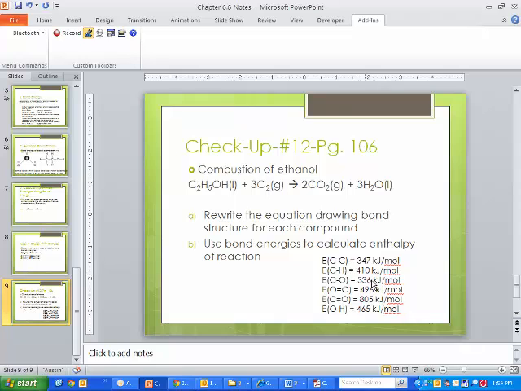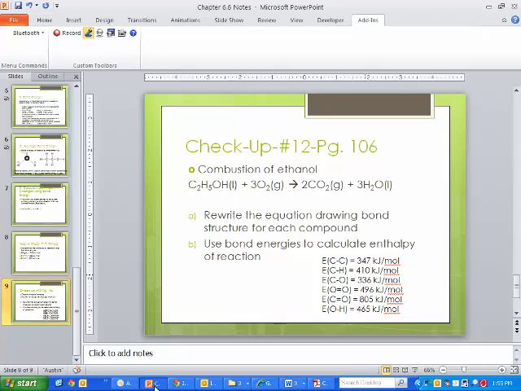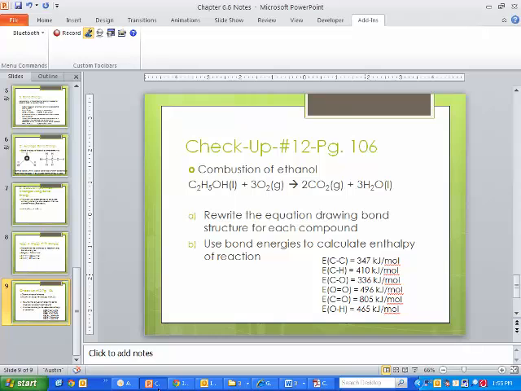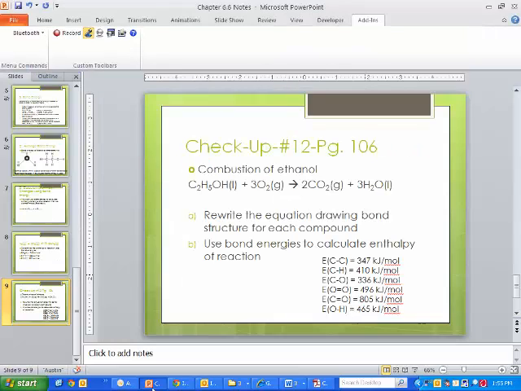So you look for your chart. CC is 347. CH is 410. CO is 336. And OH 465.